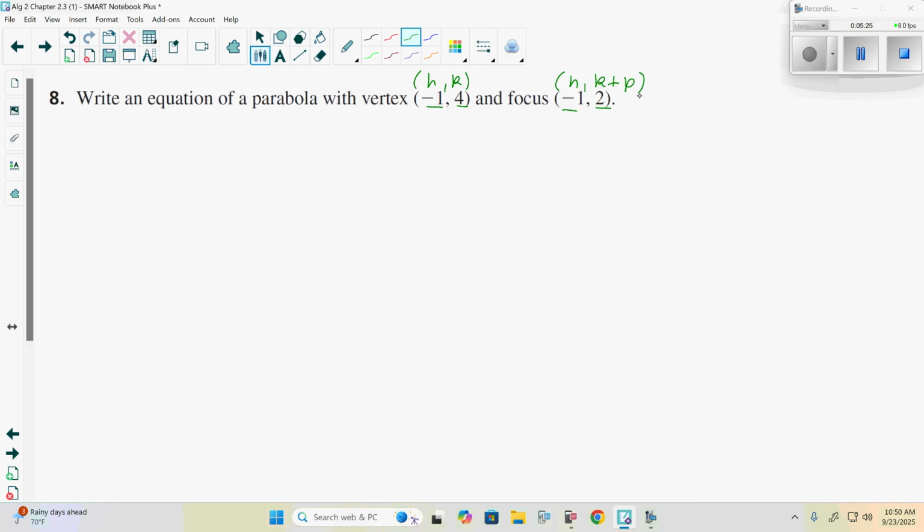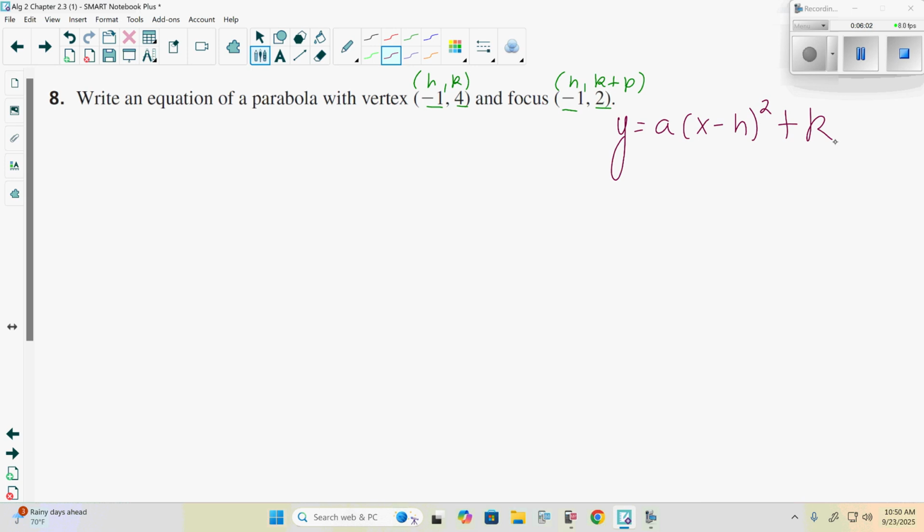Questions on this here? Vertex is h comma k. Since the second value changed, that's the one that gets the p, so it'd be k plus p. So that tells us how we can find the value of p. It also tells us which of the two equations we're using, because the one that matches up with the focus of h comma k plus p is our y equals a times x minus h squared plus k.